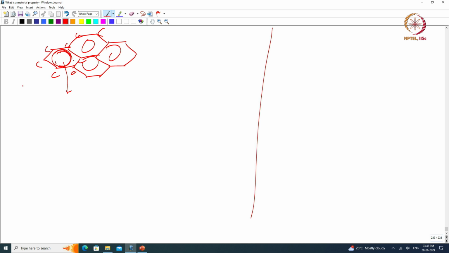Now if I make very good quality graphene and then I do not allow any sort of diffusion, right. So graphene cannot even let something like water molecules pass through it, right. So that is why people are trying to make these graphene barriers which will not let things be affected by moisture, right. So even moisture cannot pass through it.